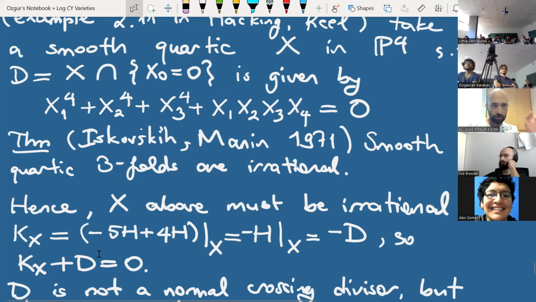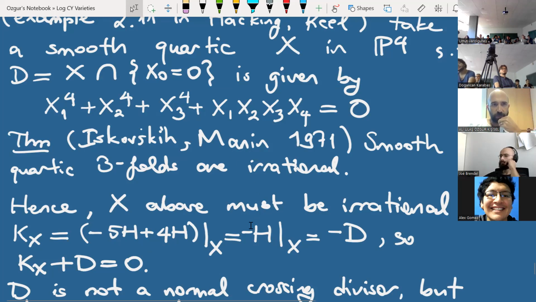X is irrational. Its canonical class by the adjunction formula: for P4 you have minus 5H, then for the quartic you have plus 4H. So it's minus H restricted to X, but it's a hyperplane intersecting X, so it's minus D. If you add back this D, you get 0.